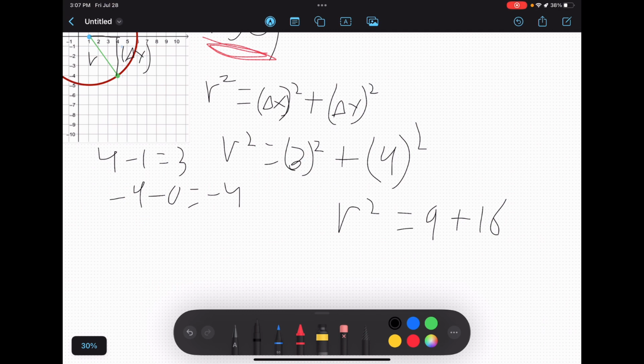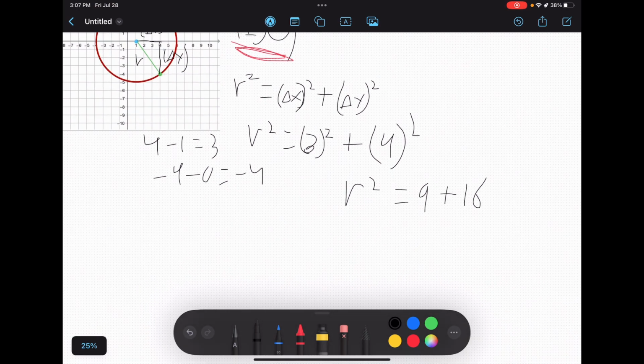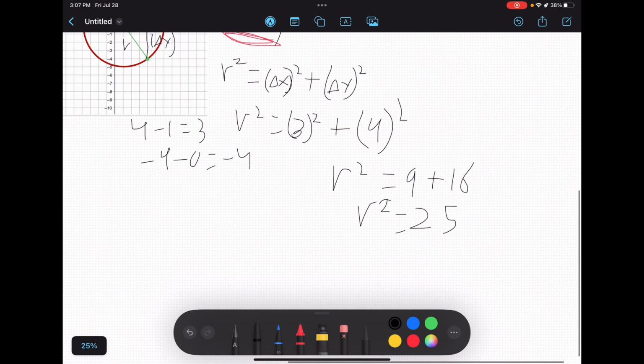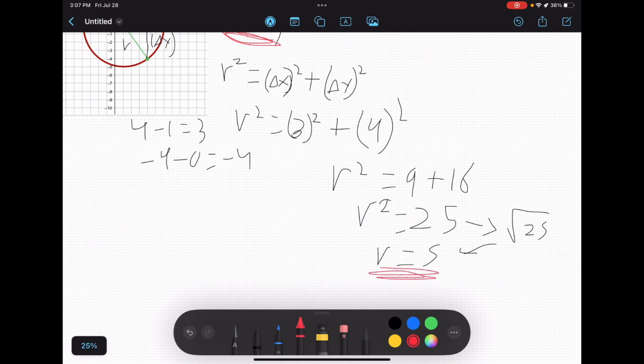Now that we have that, we'll add them together. 9 plus 16 is 25. So r squared is equal to 25, and simplifying more gives us 5. And this is what our radius is.